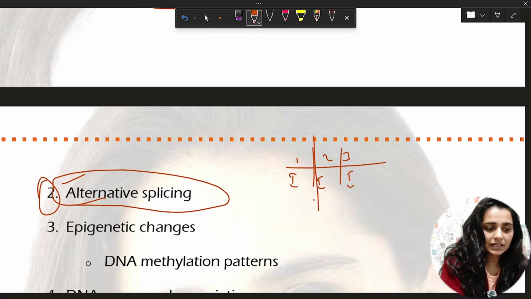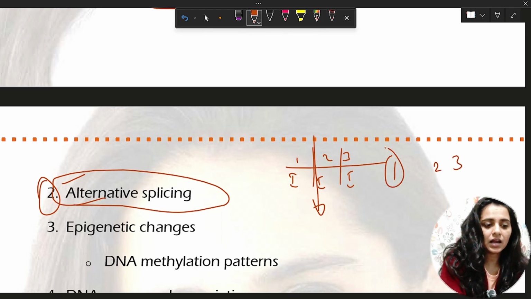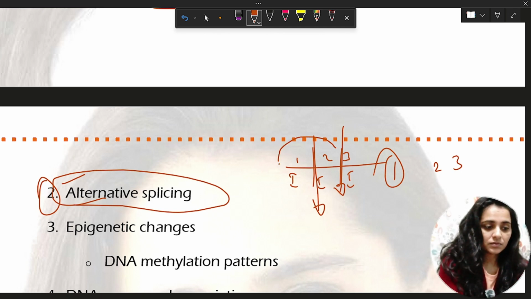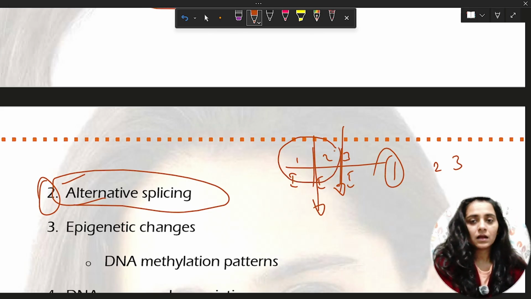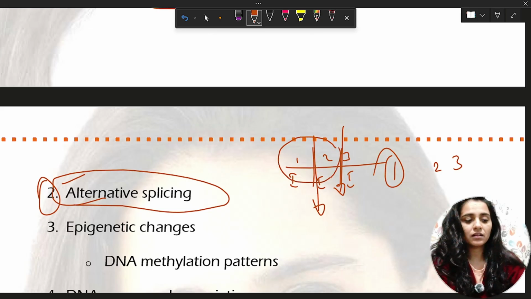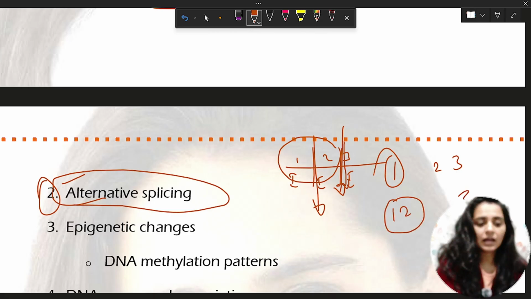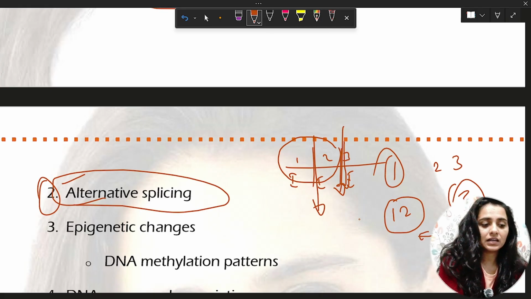If we cut from here, there will be 2 and 3 together and 1 separate. If we cut from here, in the post-transcriptional process, we will get 1 and 2 together and 3 separate. This is alternative splicing.